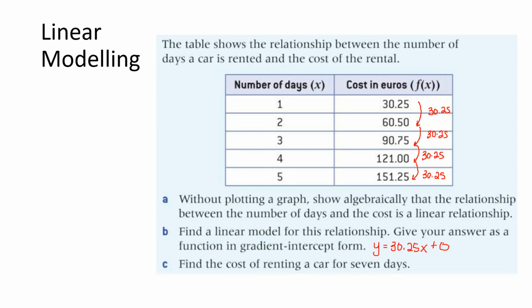And then it says find the cost of renting the car for 7 days. So y equals 30.25 times 7, which gives us 211.75.